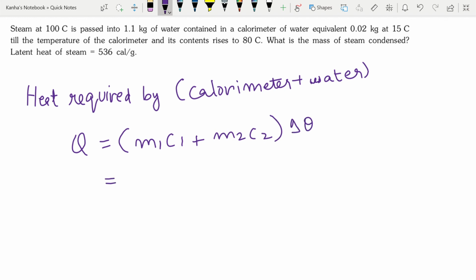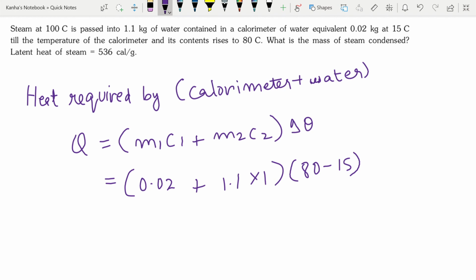If I substitute the values, my mass here is 0.02, and this is equal to 1.1 into 1 for water, into delta theta, it is 80 minus 15.